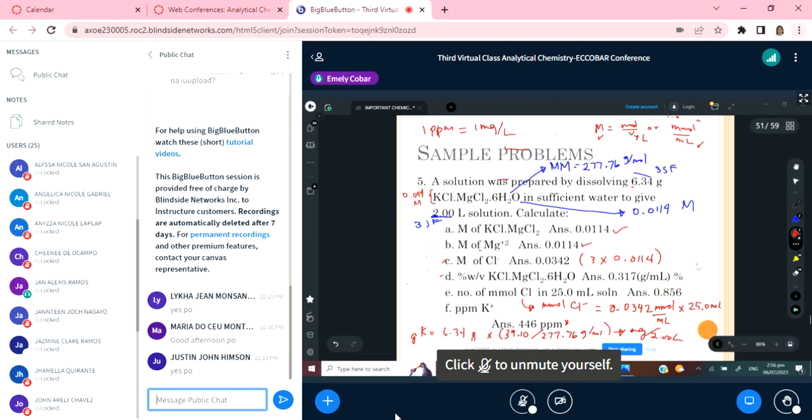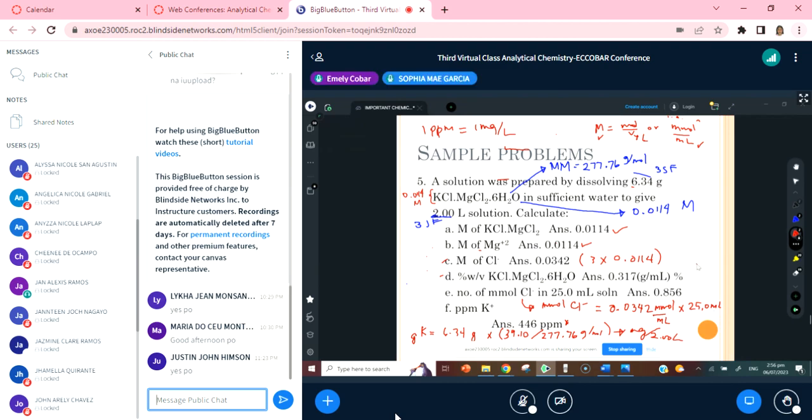Yes. Miss Garcia. Question. Ma'am, clarify ko lang po ulit dun sa may letter D. Ito si letter D. Yes, opo. Yung volume po is 2 liters, yun sa solution. Tama, 2.00 liters. Pagka may ganyan po, lagi po talagang need na naka-mg po.